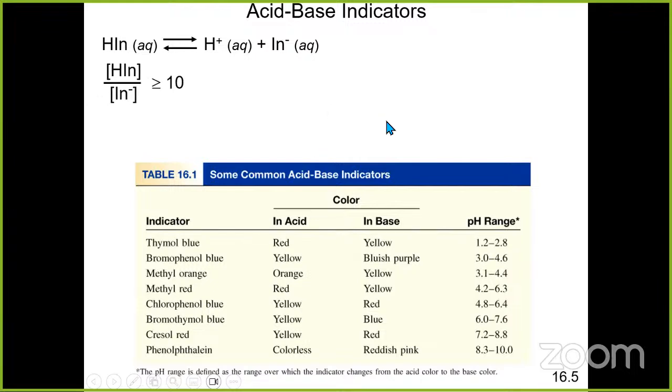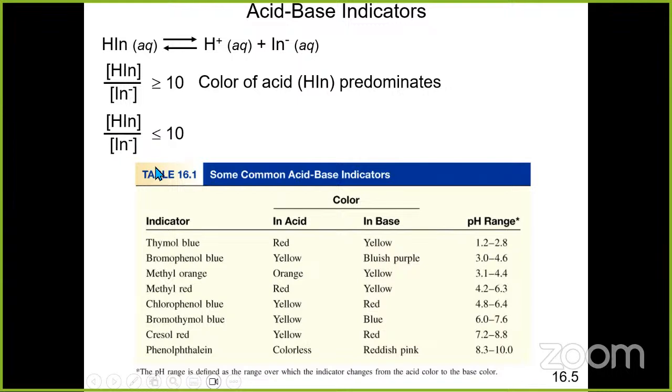So there's a general rule of thumb that is used to indicate whether or not the solution will take on a particular color of the indicator that predominates, right? And that is this right here. If the concentration of the acid form of the indicator is greater than the conjugate base to this extent, where the ratio is greater than or equal to 10, then the color of the acid form will predominate.